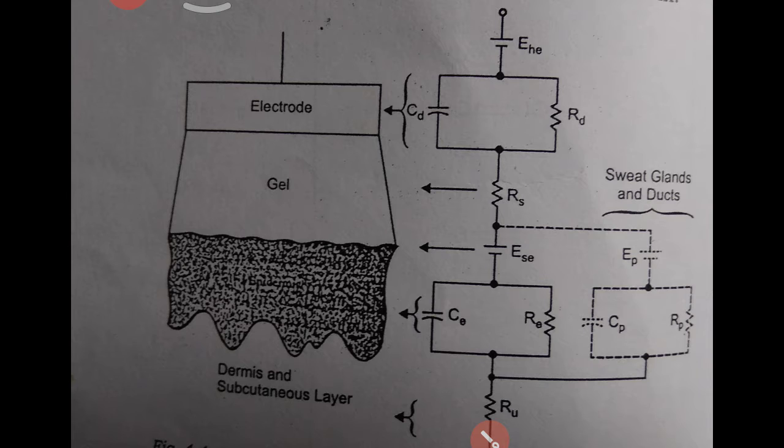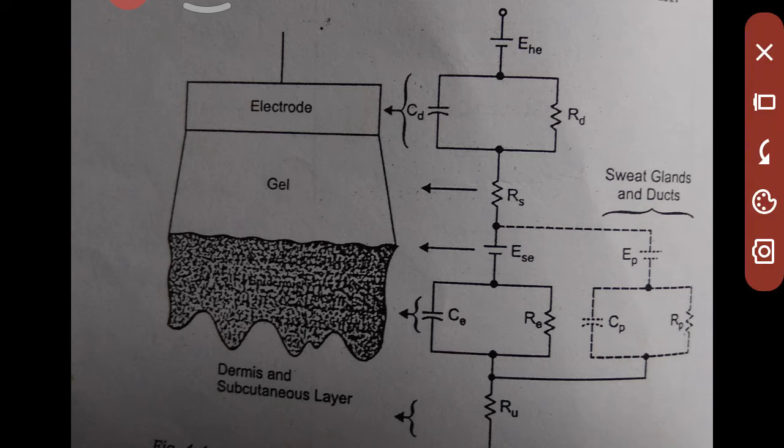Electrical equivalent circuit elements are approximately at the same level at which the physical processes exist. Now here, the first one is for the electrode. Now, for the double layer electrode, the first one is the electrode, and this is your human skin.